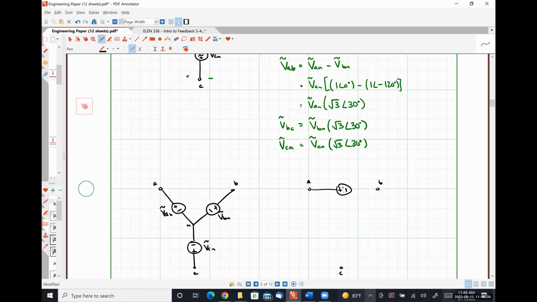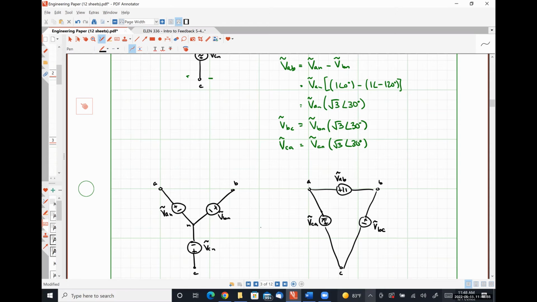where this is VAB, VBC, and VCA. To go this way, let me draw this better.